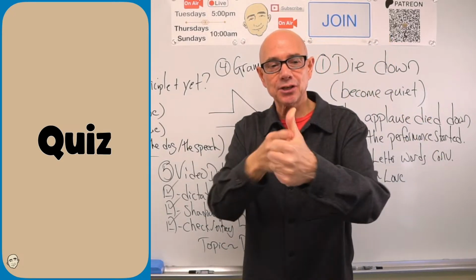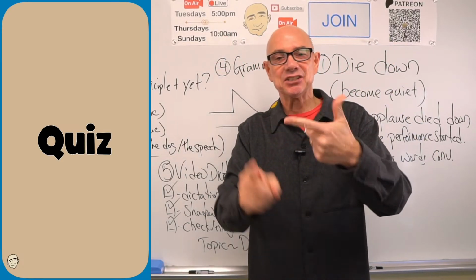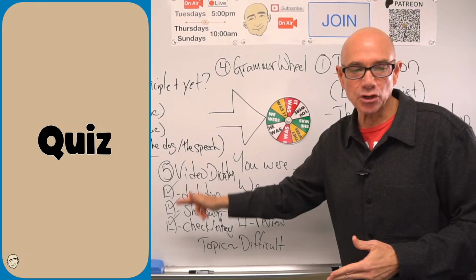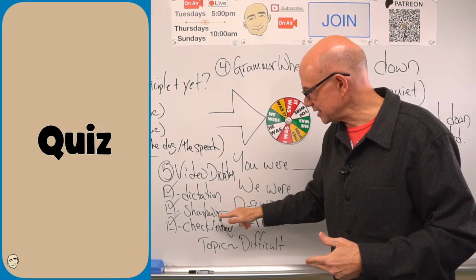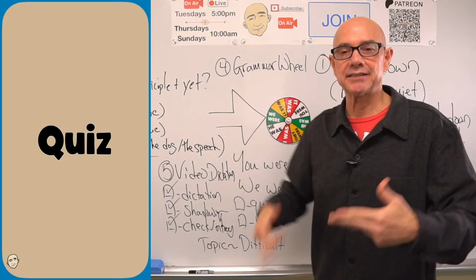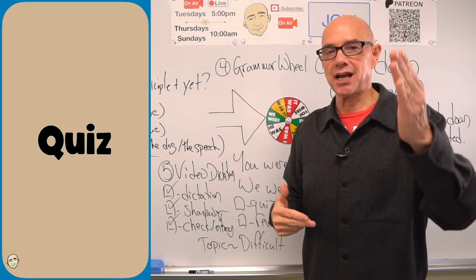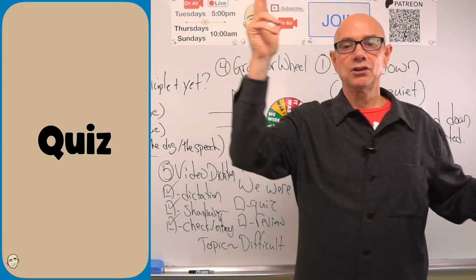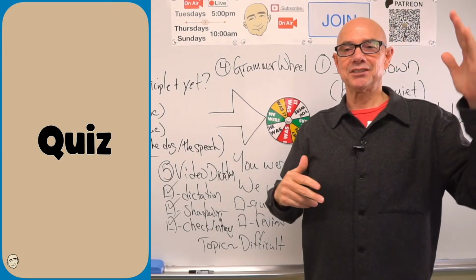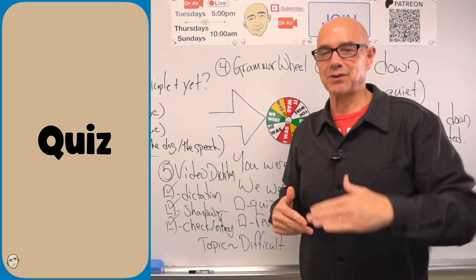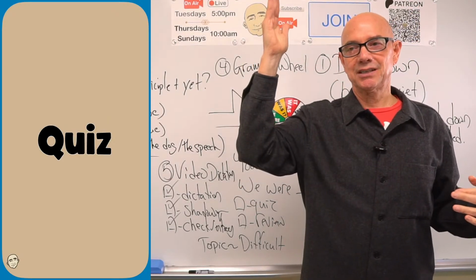Step 1, learn. Step 2, remember. So these were learning, right? Dictation, shadowing, check your sentences. That was the learning process. Now we want to check to see how well you learned. We want to see how you remember, right? That's the whole kit and caboodle.